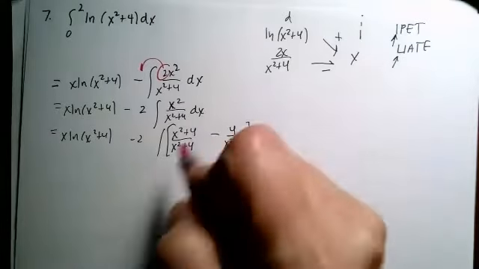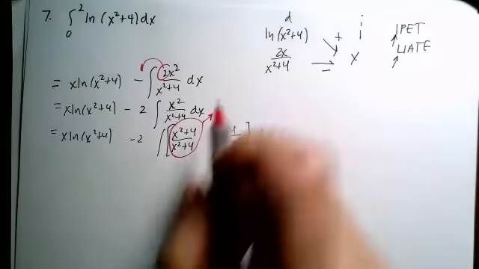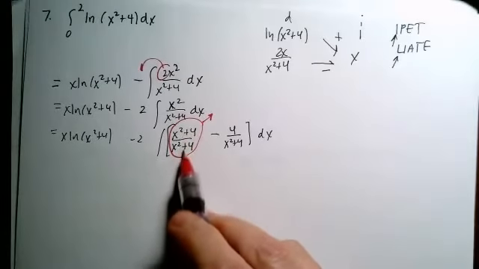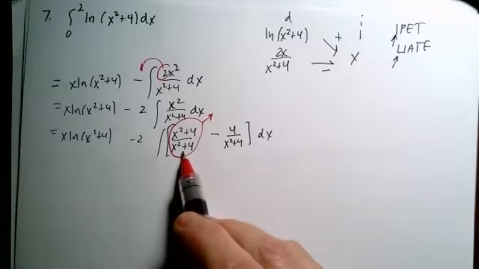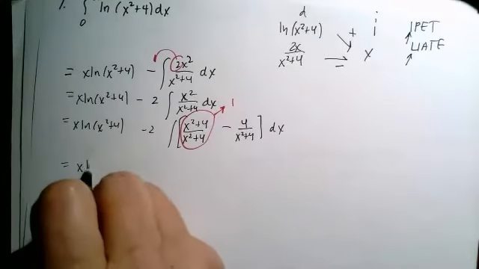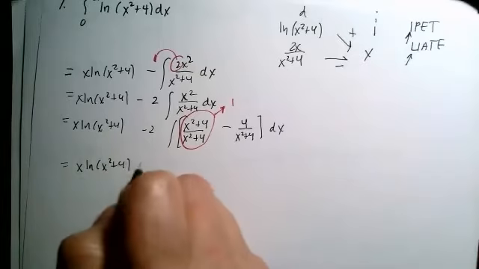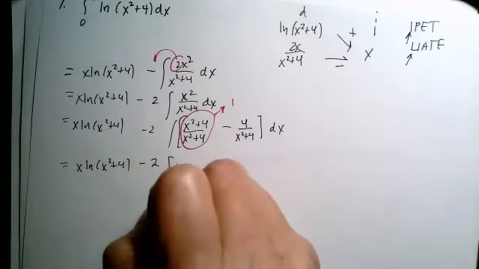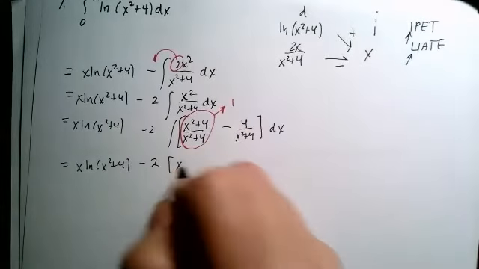Now, what does this become? That's just 1, right? Yes. So this is going to give us x times the log of x squared plus 4 minus 2 times, when I integrate 1, I'll get x.